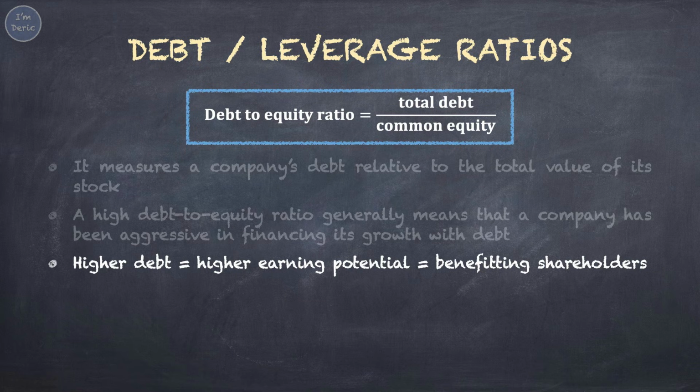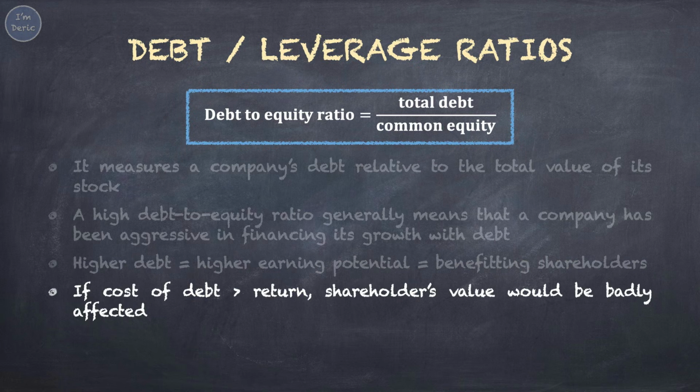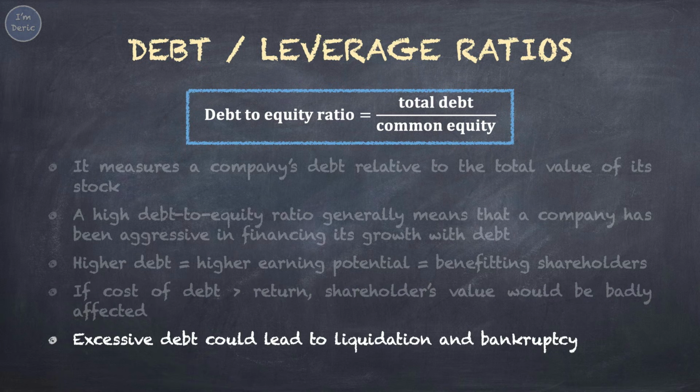Eventually, it will be benefiting shareholders. However, if the cost of debt is higher than the return, which means what the company pays is higher than what the company earns, then the shareholders' value would be badly affected. Although taking debt can grow the company, excessive debt could lead to liquidation and bankruptcy.